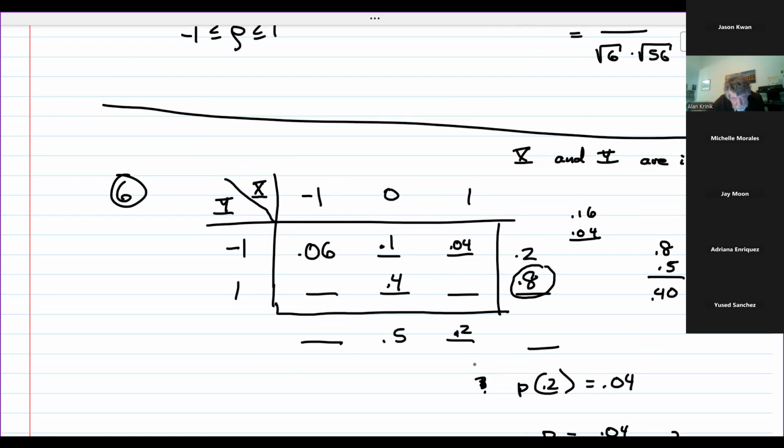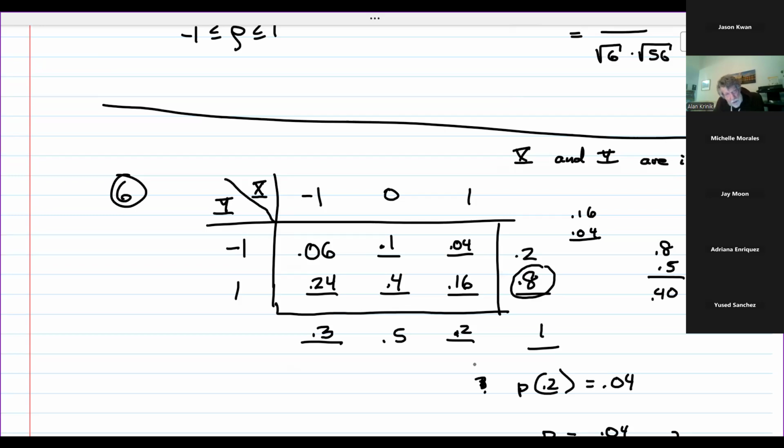But these three numbers have to add up to 1, as do these. So this has to be 0.3. And then the rest you can get from independence. This entry has to be 0.3 times 0.8, so that has to be 0.24. And this one has to be 0.2 times 0.8, so that has to be 0.16.